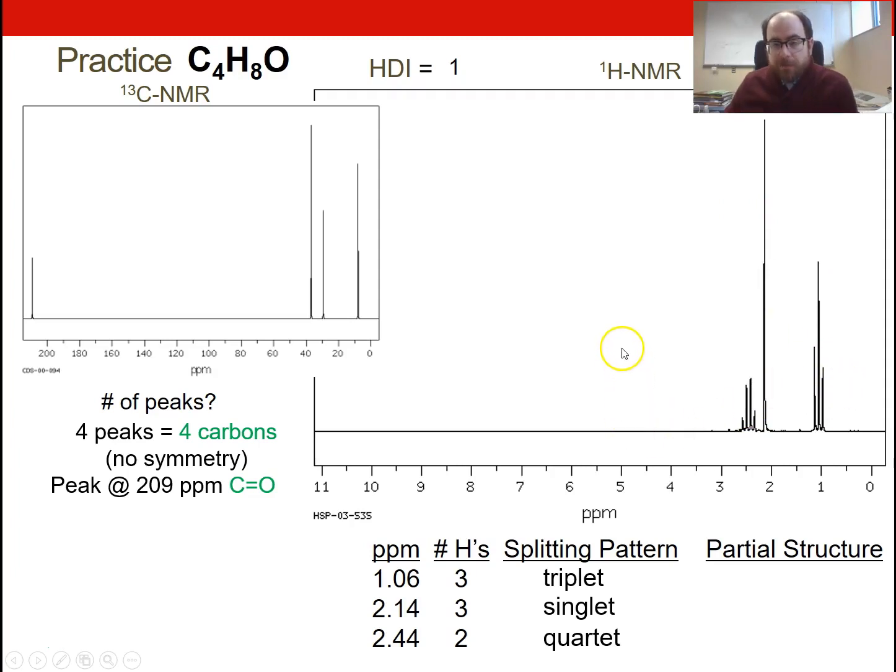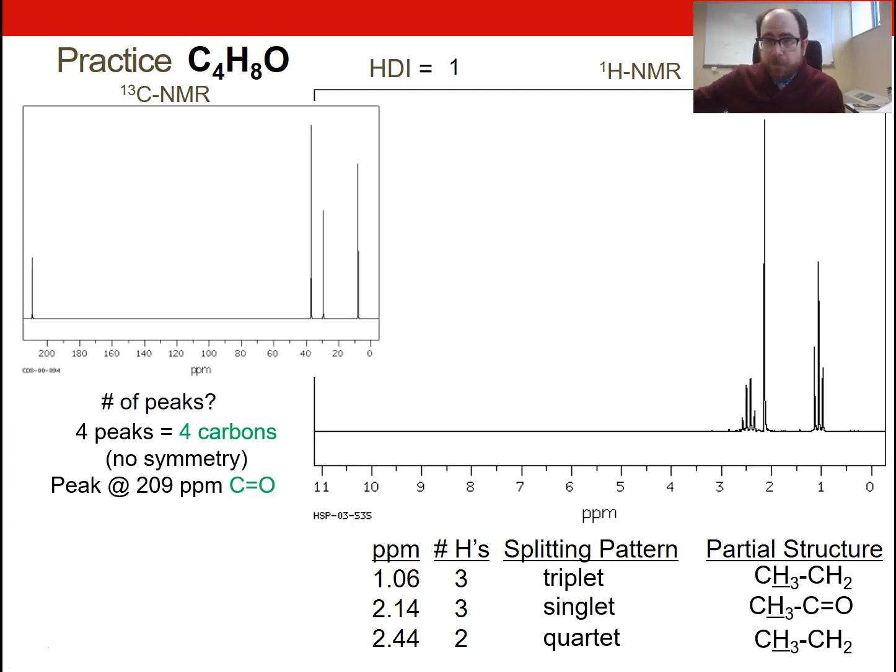So thinking about the corresponding partial structures, if I take a look at this peak here, working from the most shielded peak, we have an integration of 3, and it is a triplet, so ultimately we're going to have 3 hydrogens, and there's going to be 2 adjacent hydrogens. The n+1 rule gives us the splitting pattern of a triplet, so that will be a CH3CH2.